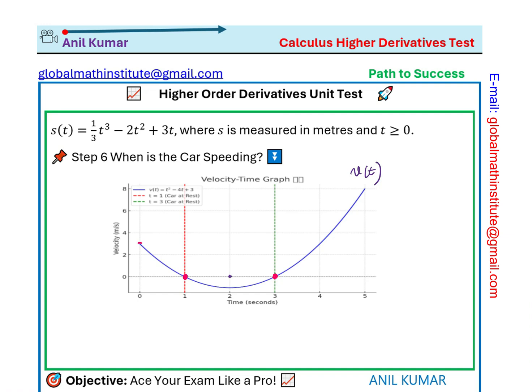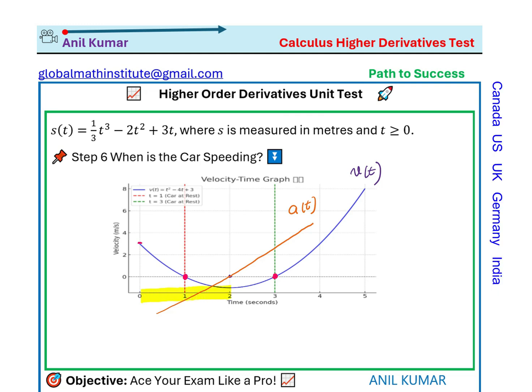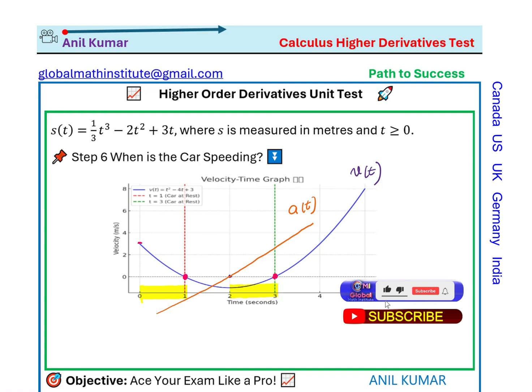The acceleration graph was kind of like this. And the slowing down is when they have opposite signs, so positive and negative. You get the whole idea up to this point. And then from 2 to 3, you see they have opposite signs. So it makes sense, right? So that is how we are going to answer this particular question.